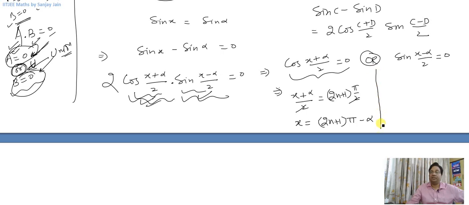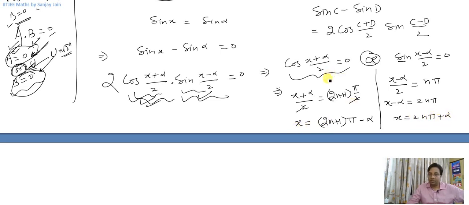Now here, this is the other part, so sine of some angle is equal to 0, that means x minus alpha by 2 is equal to n pi, right? So x minus alpha is equal to 2n pi, and x is equal to 2n pi plus alpha.